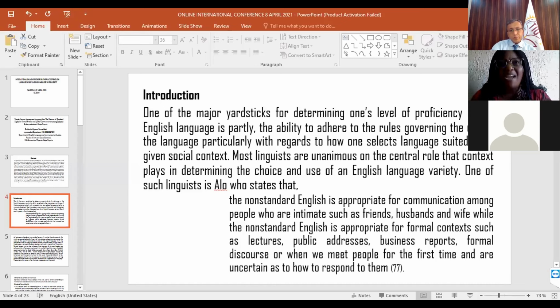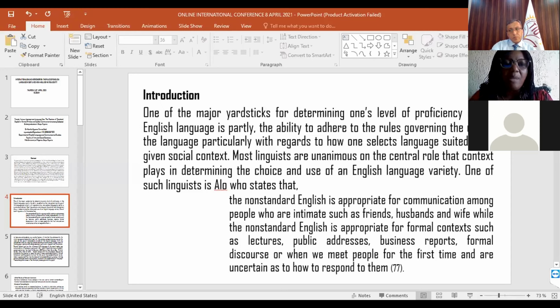And if one finds himself or herself in a home setting, where what is being discussed is just casual or other informal things, then the expectation is that such a person would adopt the non-standard or informal variety.